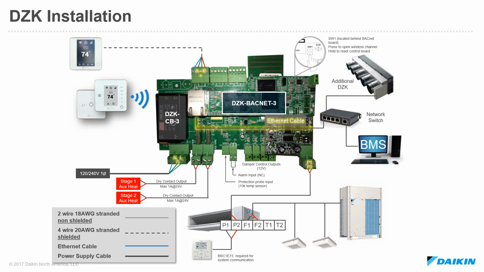We still have to have a BRC1E73 to allow that indoor unit to properly operate. So keep in mind, we need the navigation controller also wired on P1, P2. We have the two different auxiliary heat outputs that we looked at before. The DZK does have the ability to take either 120 volt or 240 volt power supply. It's a single phase power supply.